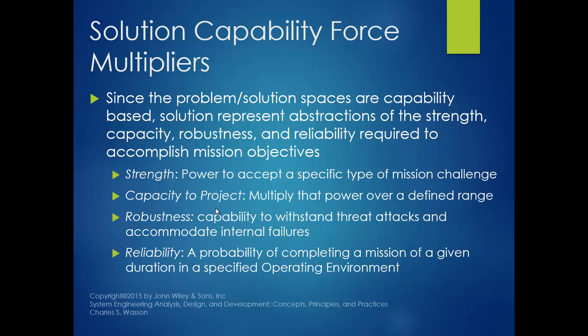You need to figure out how to build a reasonably priced aircraft that has the capability of 10x using other systems' capabilities. Robustness is the capability to withstand threat attacks and accommodate internal failures. Reliability is the probability of completing a mission of a given duration in a specific operating environment.